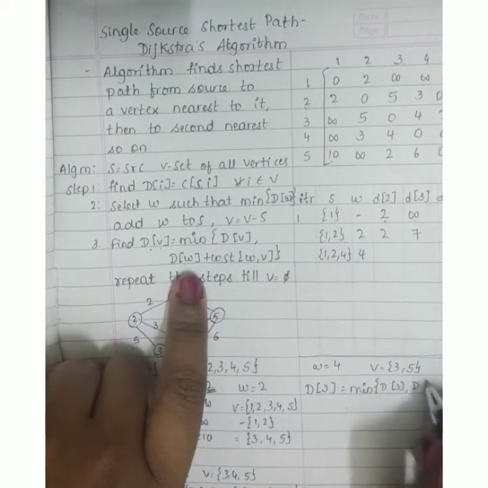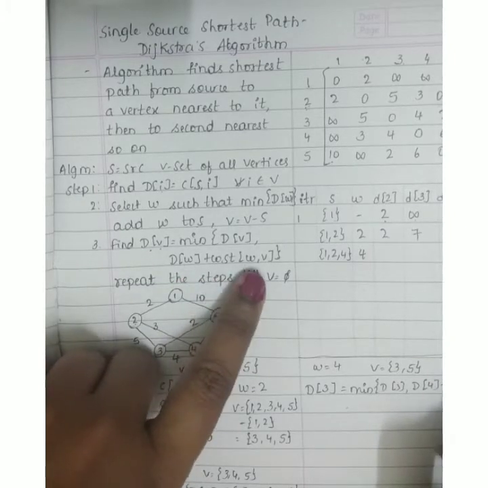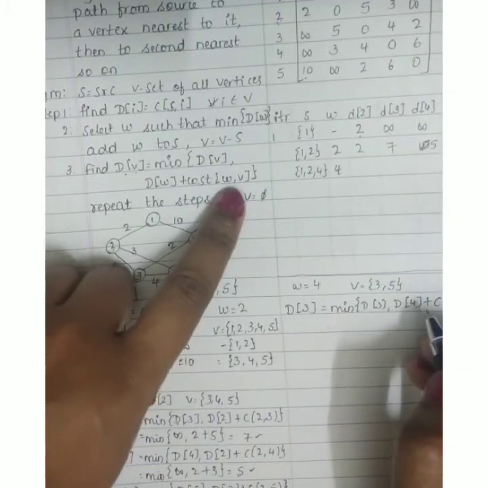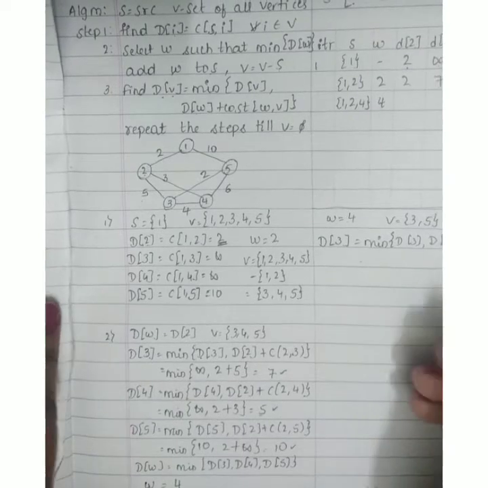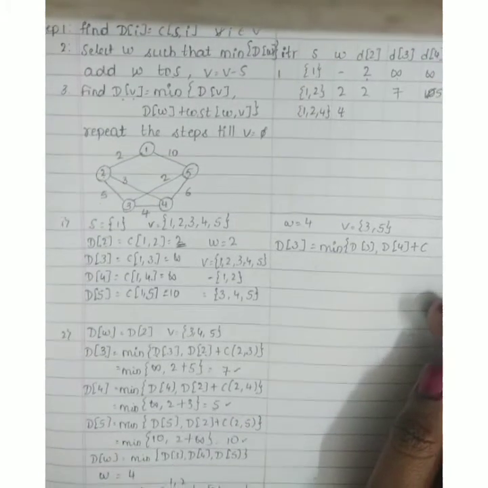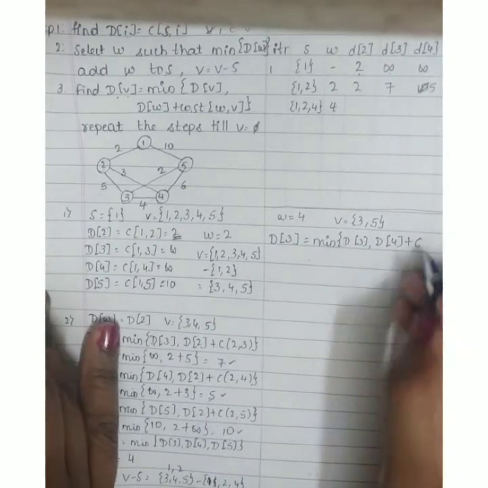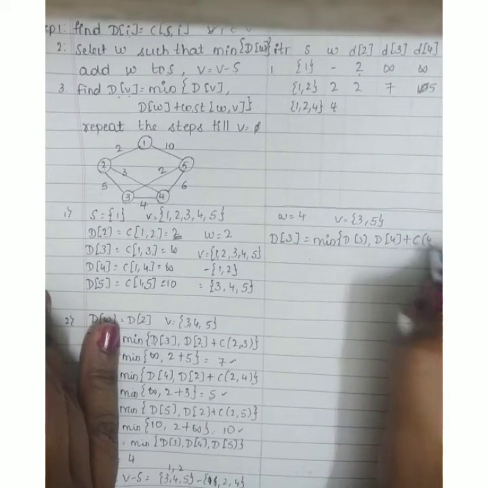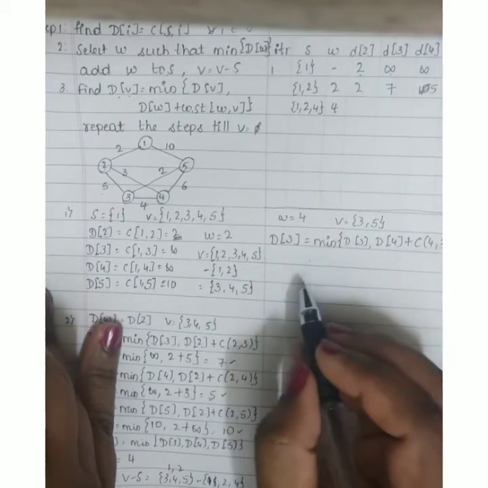W is 4, therefore dw is d of 4 plus cost from w to v, cost from 4 to 3.